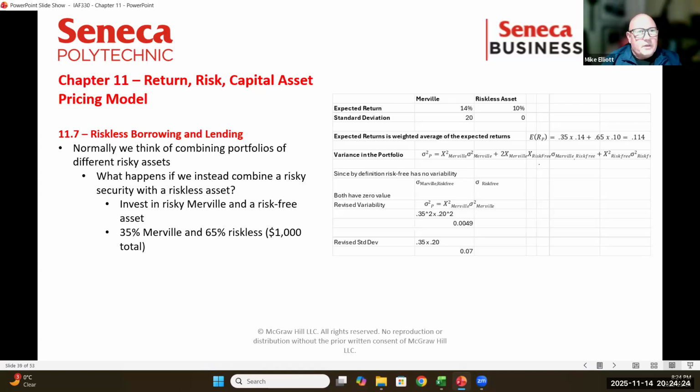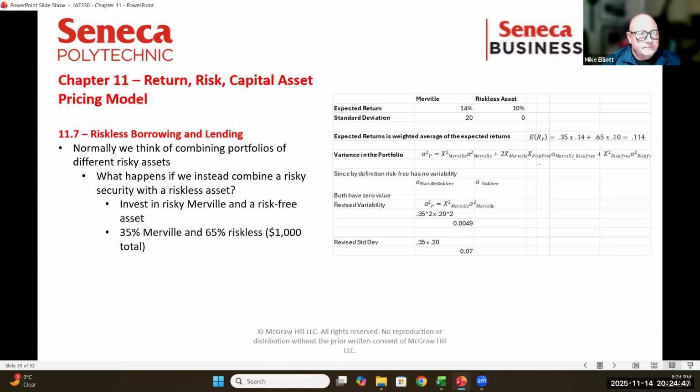But we're assuming that government risk is essentially risk-free. There's no default risk attached to it in a Western country right now. I can't hedge that anymore. So, what happens if we now create a portfolio of risky and riskless?